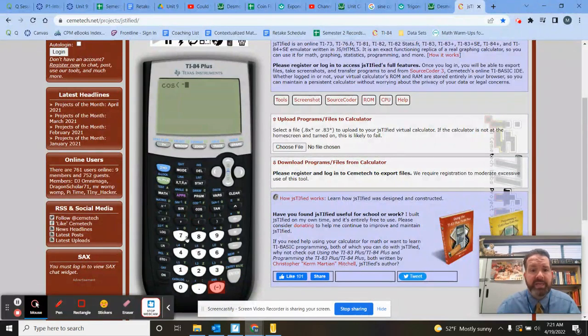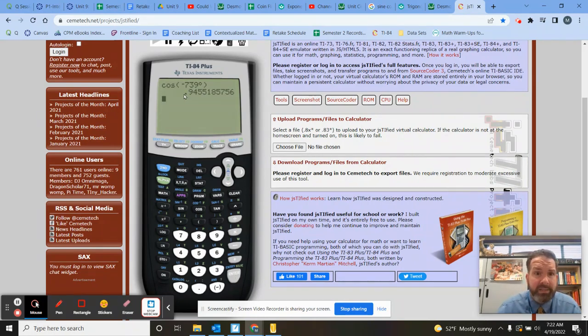Now, if I press enter now, it's going to do the cosine of negative 739 radians. To make it degrees, do you see above your apps button, it says angle? If you press second apps, there's a degree symbol that you can put in. And that's how I do degrees. So I keep my calculator set in radian all the time, and then when I want degrees, I just put in that degree symbol.